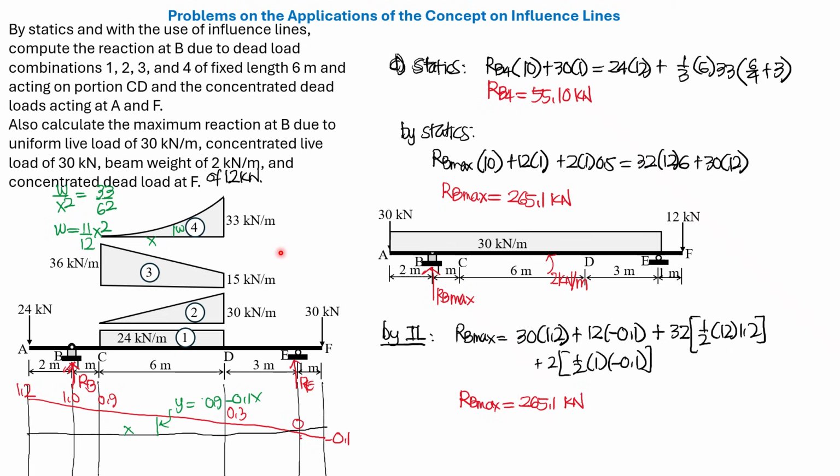So for the load combination 4, I just leave that to you, although I explained it already. For RB4, 24 times 1.2 plus 30 times negative 0.1, then plus integral from 0 to 6 of 11 over 12 x squared times 0.9 minus 0.1x, then dx.